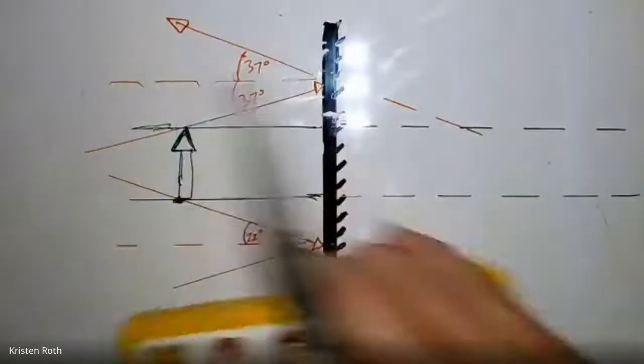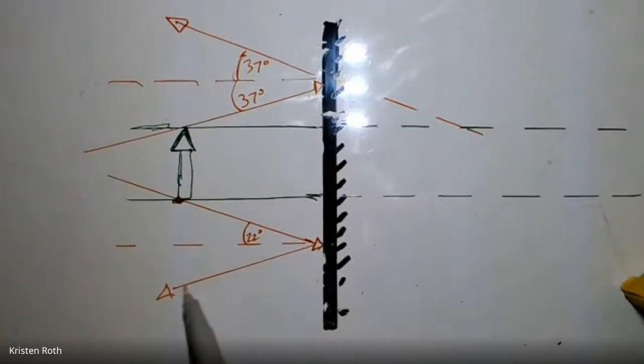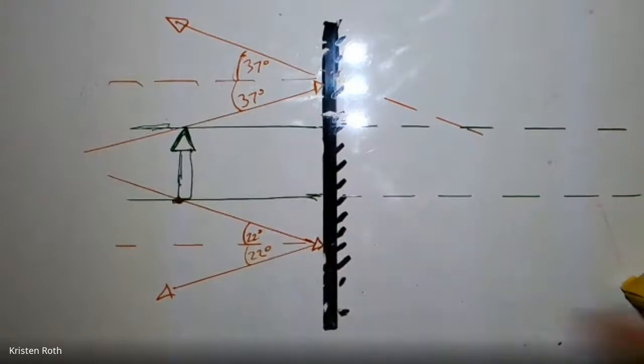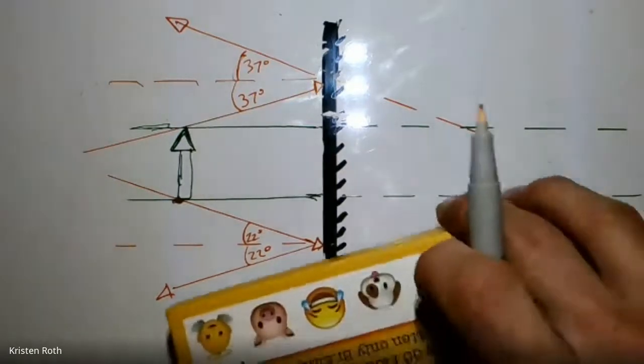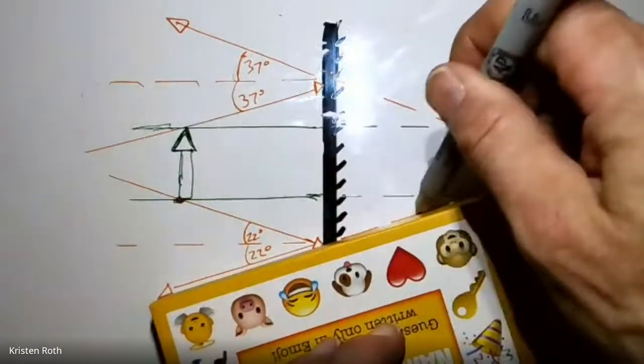Reflected ray, remember, drawing it so your arrow is always pointing in the direction that the light ray is traveling. We have our 22 degrees as well. And what do we always extend? We always extend the reflected rays, okay? Not the incident rays, the reflected rays. So I'm going to try to get that. I'm going to extend that back.